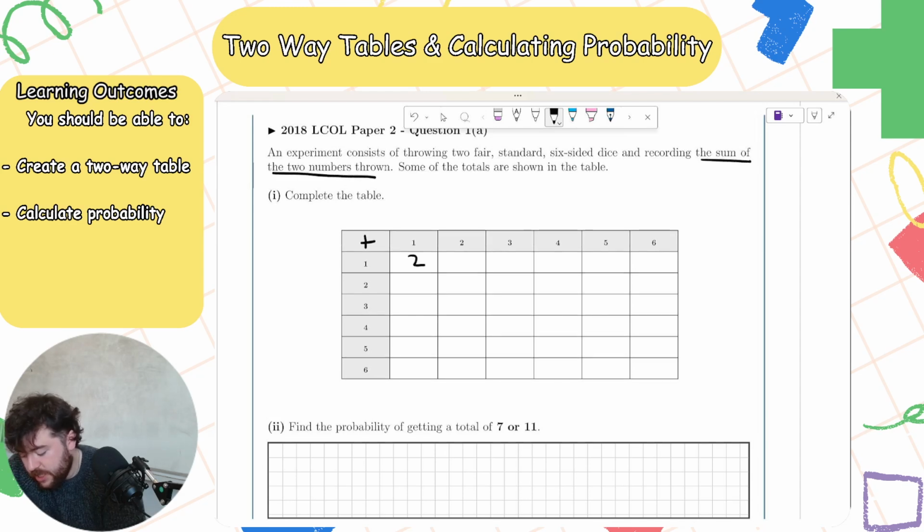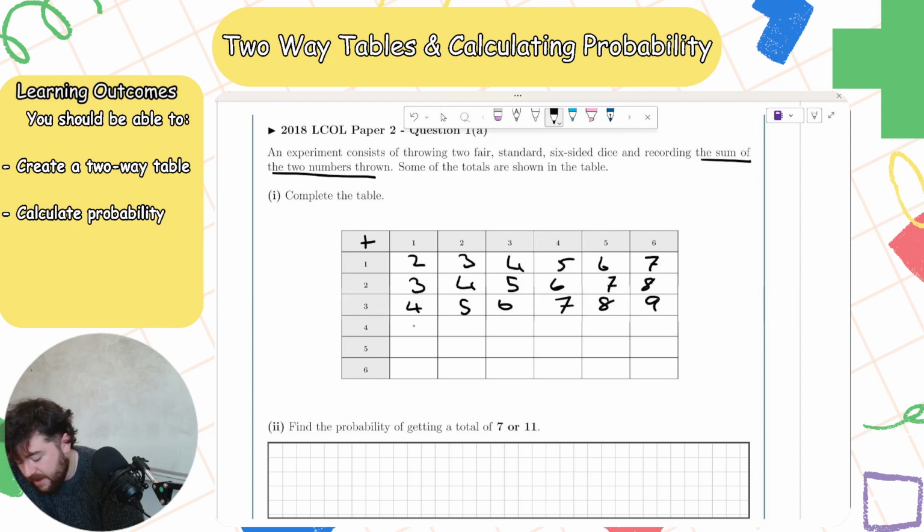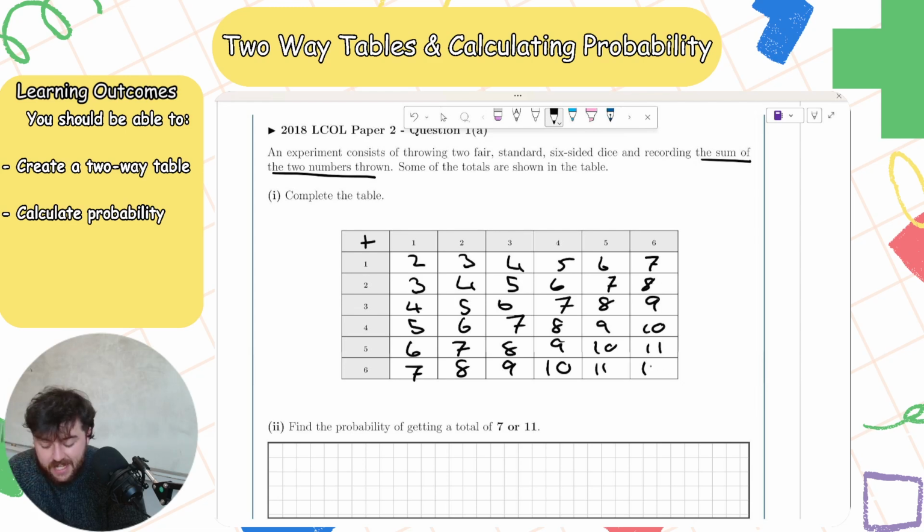So 1 plus 1 is 2, 3, 4, 5, 7. 2 plus 1 is 3, 2 plus 3 is 5, 6, 4, 5, 6, 7, 8, 9, 5, 6, 7, 8, 10, 6, 8, 7, and here 6 plus 1 is 7, 8, 6 plus 3 is 9, 6 plus 4 is 10, and 6 plus 6 is 12.